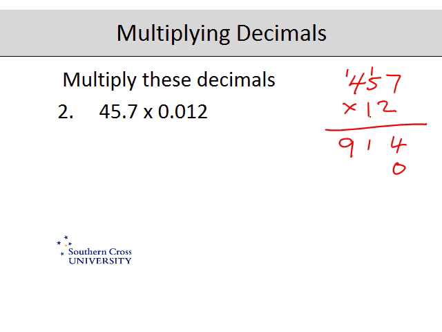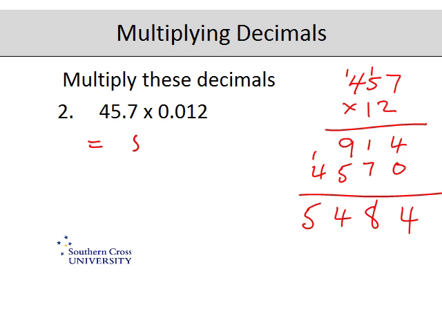And then multiplying by 10 is easy. 1 7 is 7, 1 5 is 5, and 1 4 is 4. Adding these up. Okay, so we know that the sequence of digits for our answer here is 5484.